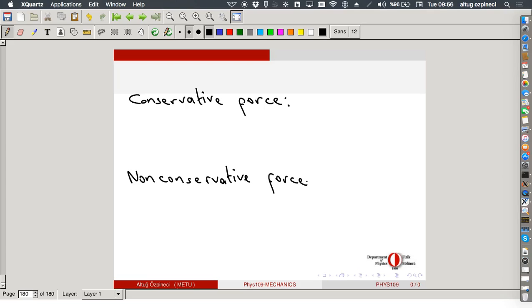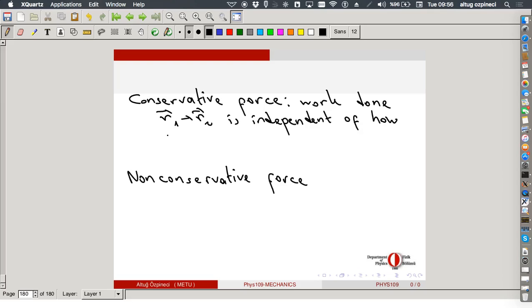Conservative forces are basically forces for which work done as you go from R1 to R2 is independent of how you go from R1 to R2.